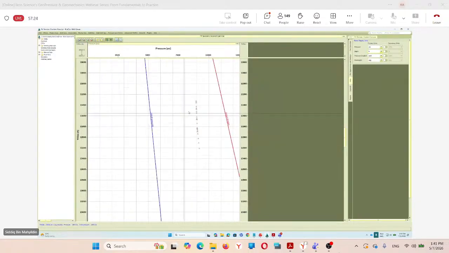I want to take a look at this data over here. For this data, I want to create some gradient. Should be up to 11, something like that. So we can see quickly that we might have one gradient over here and another gradient over here, so that we can decide where the free water level or the oil water contact is. So I can just create an inclusive polygon.